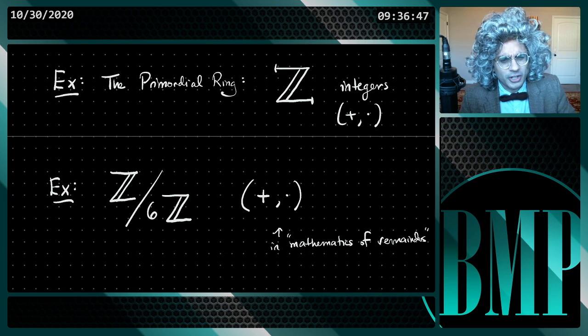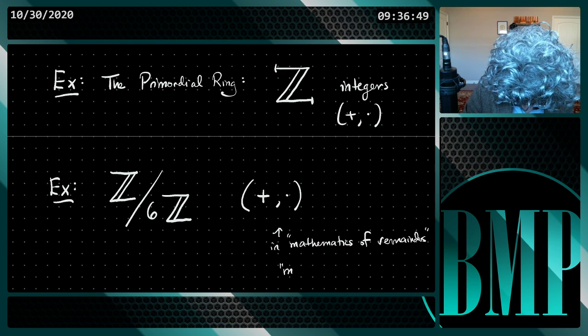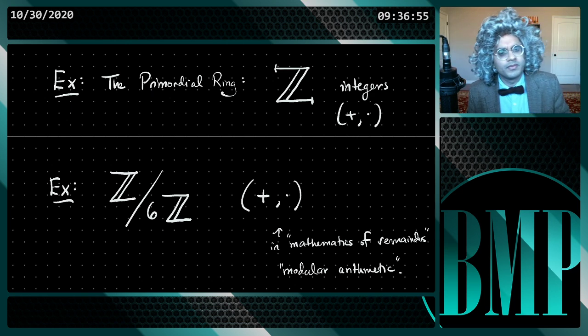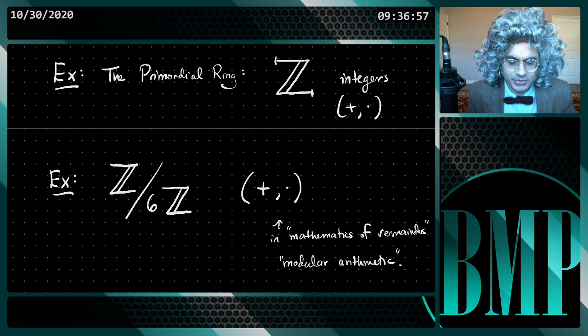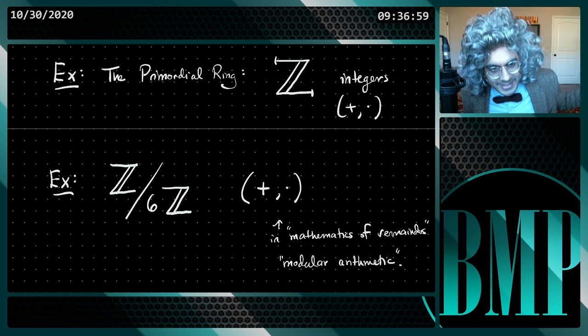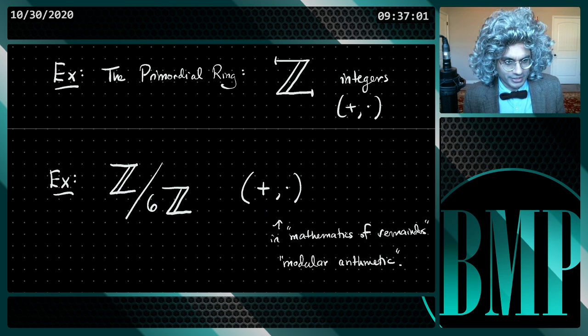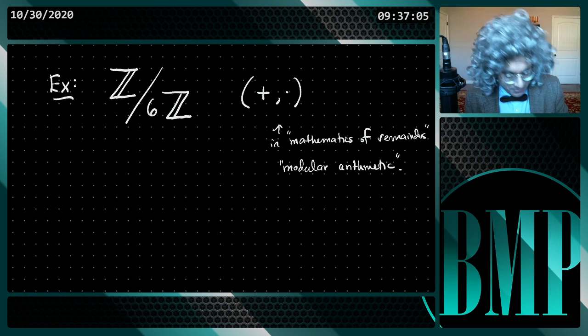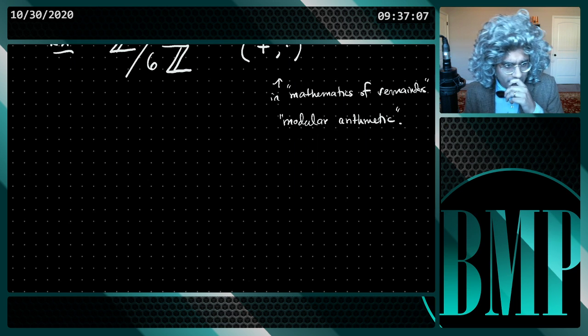Oh, sorry, that's called modular arithmetic. Sorry, I just make up other words for things. But it is the math of remainders, right? When you're dividing by 6. Okay, that's a ring.